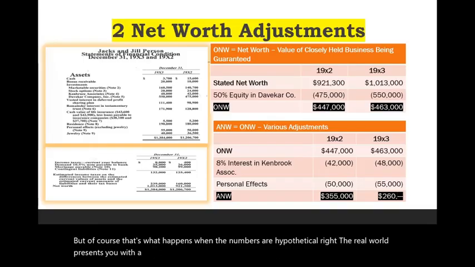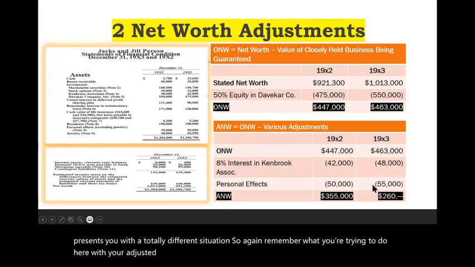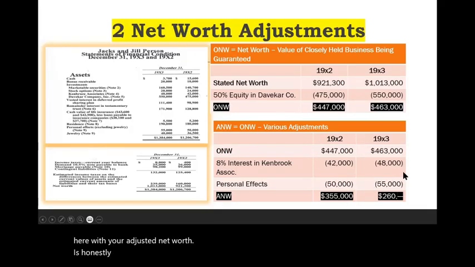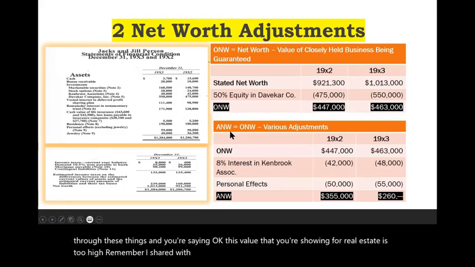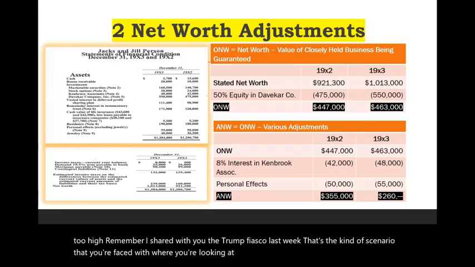So again, remember what you're trying to do here with your adjusted net worth is, and honestly, this is really your call as the lender or the analyst. You are going back through these things and you're saying, okay, this value that you're showing for real estate is too high. Remember I shared with you the Trump fiasco last week. That's the kind of scenario that you're faced with, where you're looking at the numbers and you're saying, these numbers do not make sense, okay?